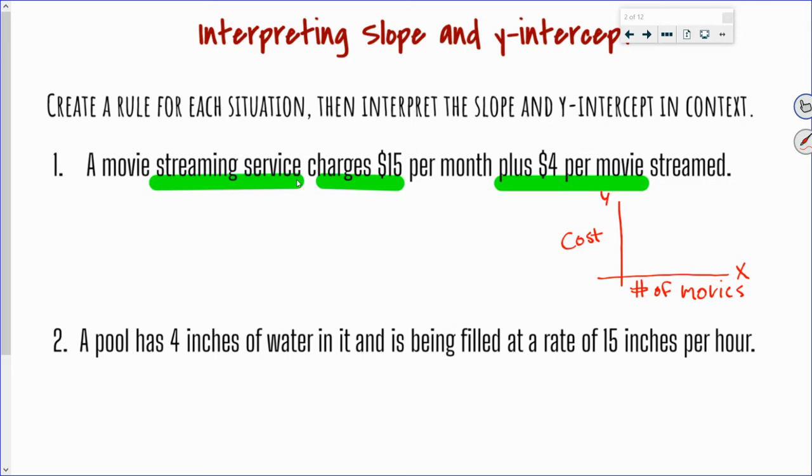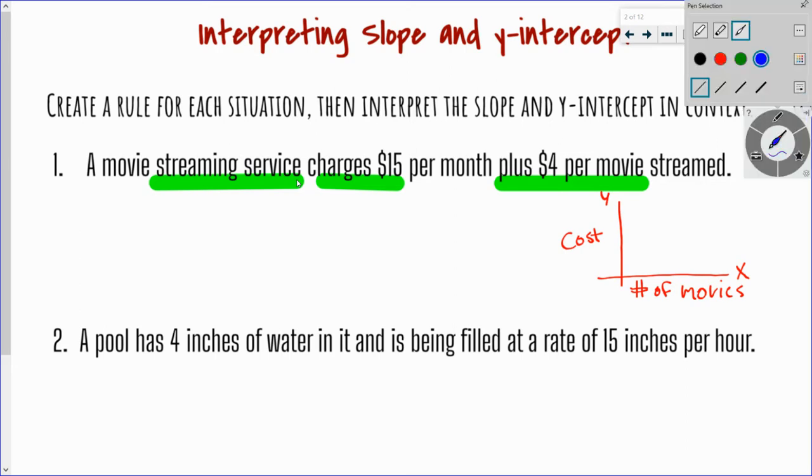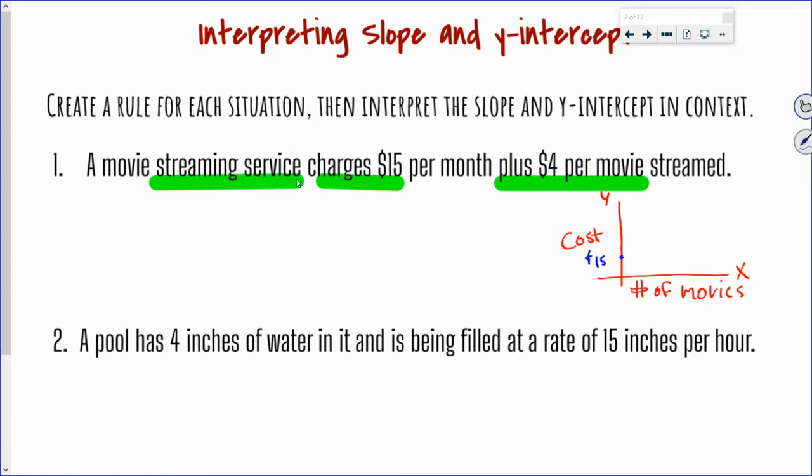So I know right up front that if I get this service I'm going to pay $15, even for not streaming the first movie. That's 0 movies streamed. But then what happens? For every movie that I stream, it's going to cost more money. And so that graph's going to look like this.